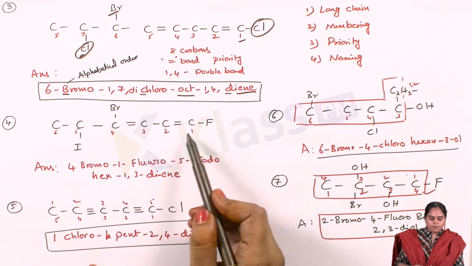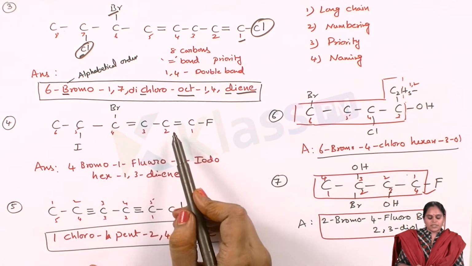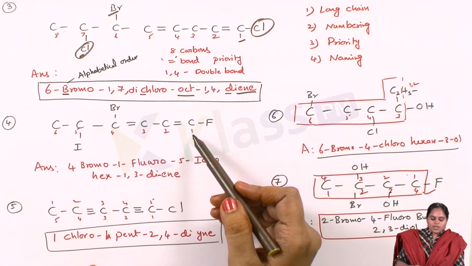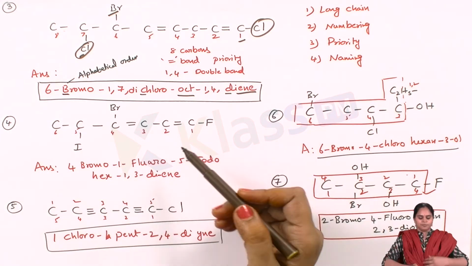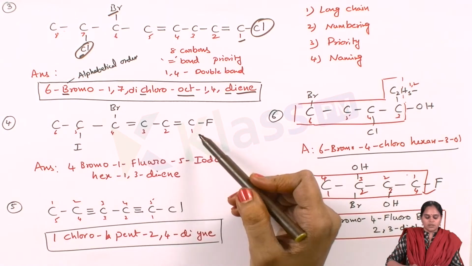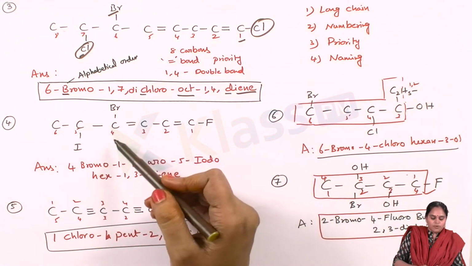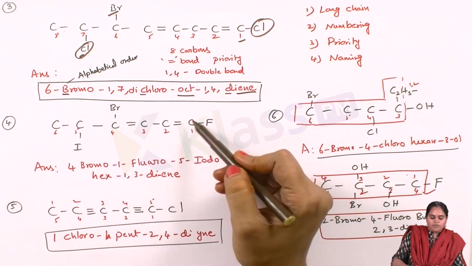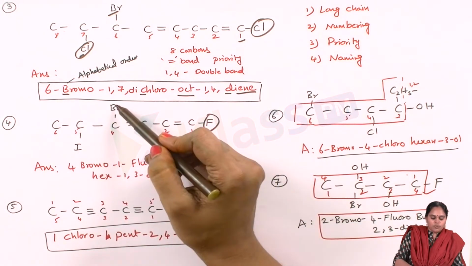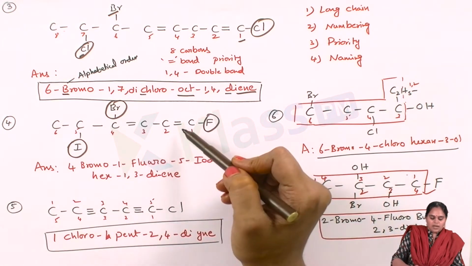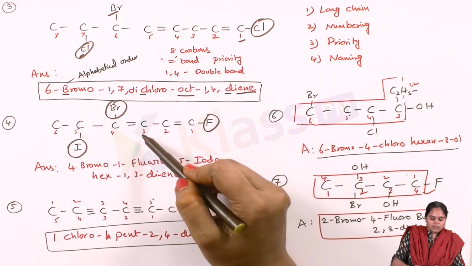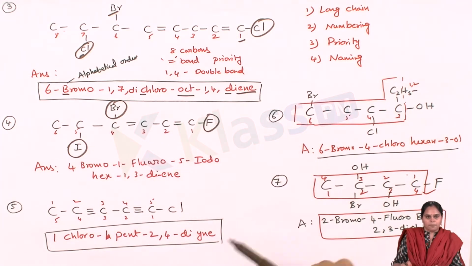See another example. Here also 2 double bonds are present. Give the naming convention so as to give the lesser numerical value to the double bond. So you have to start from the right. First 1, 2, 3, 4, 5, 6. In the first place 1 fluorine is added, in the 4th position bromine is added, in the 5th position iodine is added. And in the 1 and 3 places a double bond is there. So total 6 carbons, that is hexa.